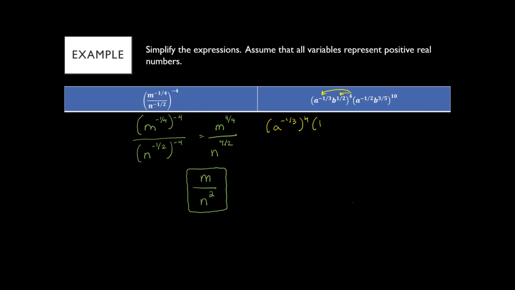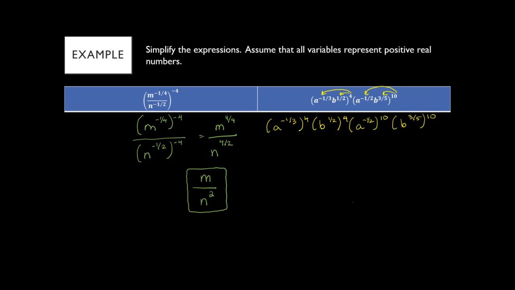Then the b to the 1/2 gets that exponent. Now the 10 is going to the next part, so I have a to the negative 1/2, the 10, and then the b to the 3/5 has the exponent of 10.